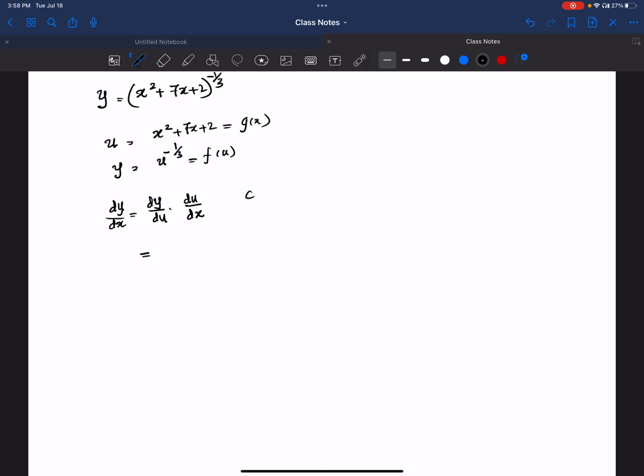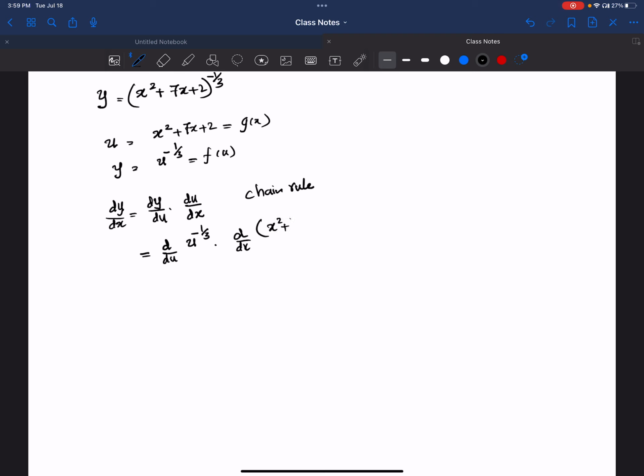That's from the chain rule. And what is dy over du? D over du of u to the power negative one third, times du over dx, d over dx of x squared plus 7x plus 2.